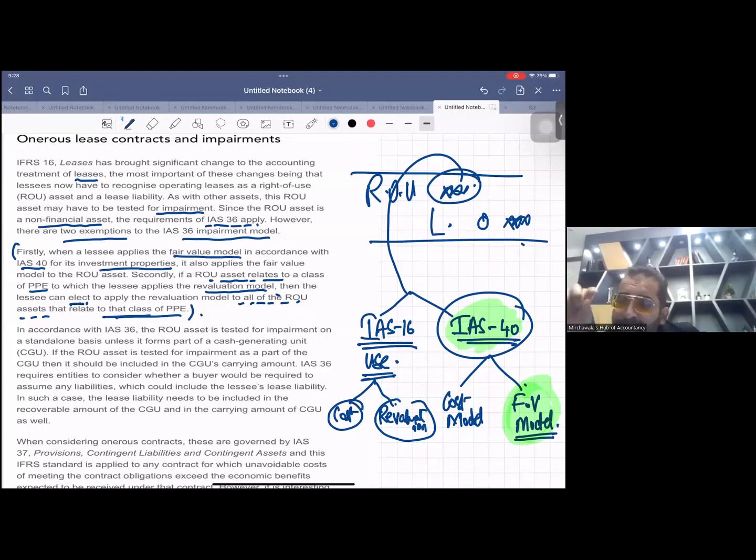Now if you are applying the revaluation model, again you can skip impairment accounting, because they say in revaluation you have to bring it to fair value, and when you bring it to fair value, automatic impairment will be done. That's their argument here. So there are two exemptions to ROU from IAS 36.